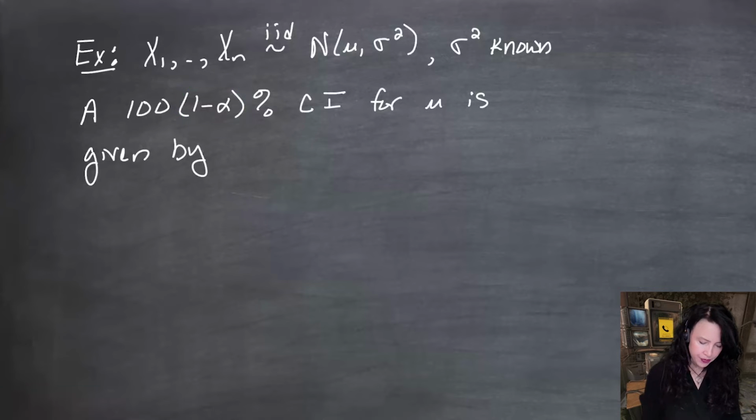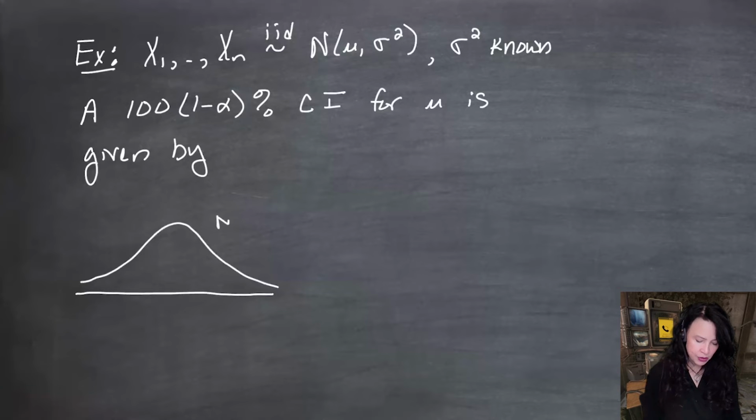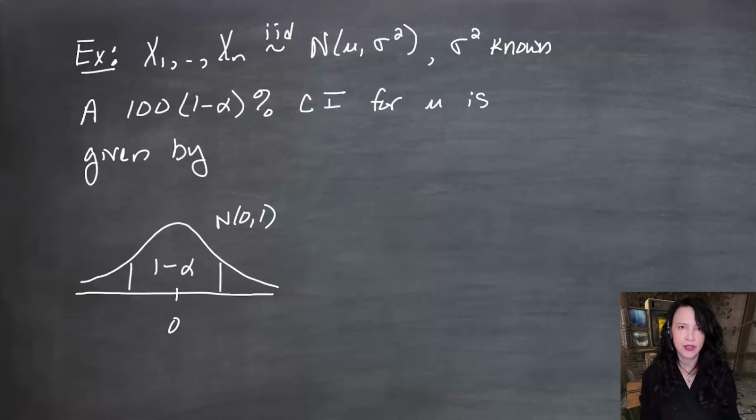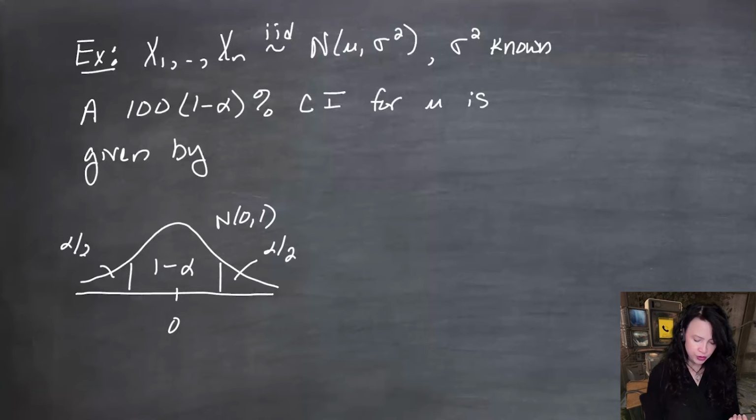So generalizing, if you go through the same procedure as before, you're going to end up looking at the standard normal distribution centered at 0 and trying to put area 1 minus alpha in the center. And then equally dividing, for reasons we just talked about, the remaining area alpha in both sides. So that would be alpha over 2 up here and alpha over 2 down here.